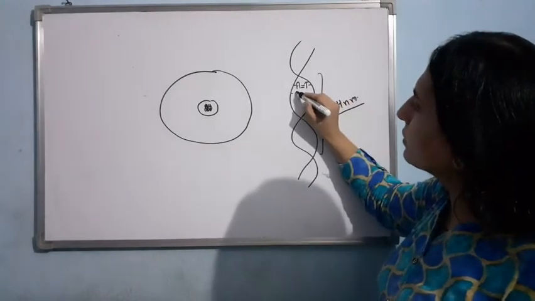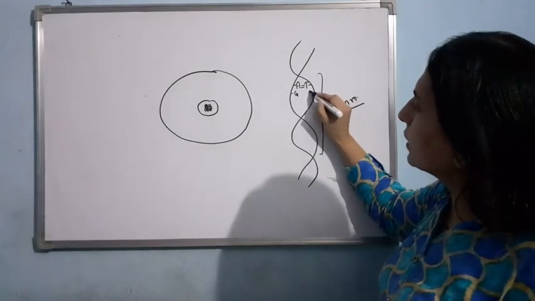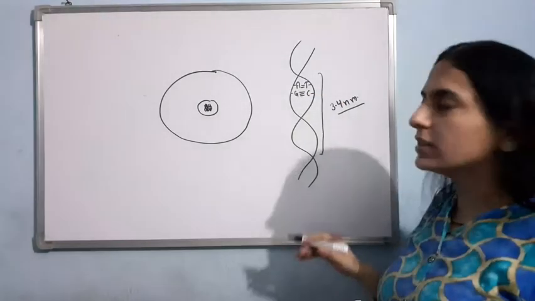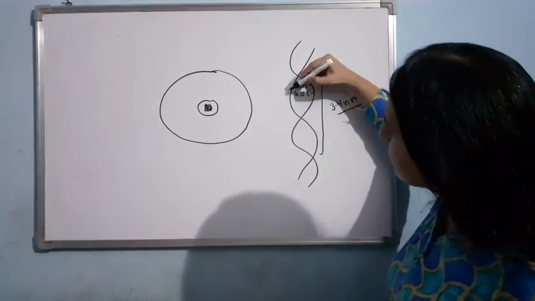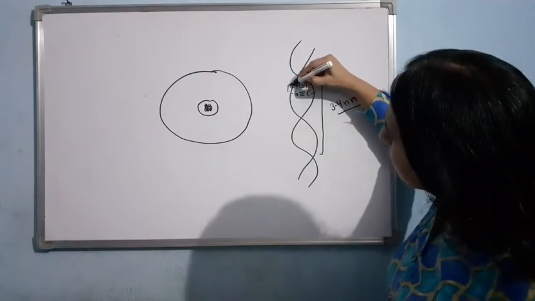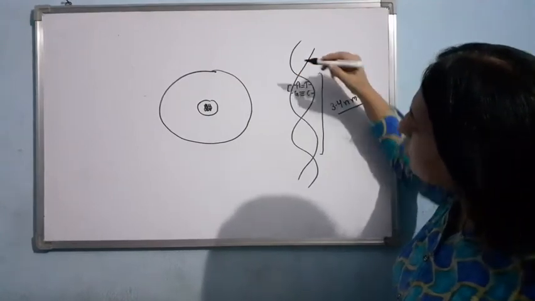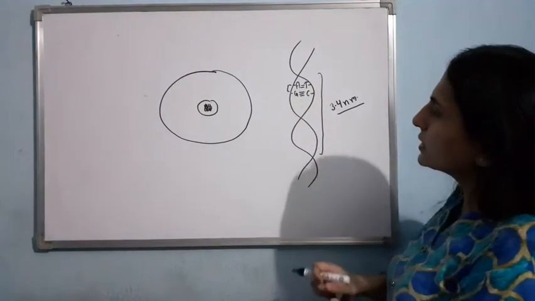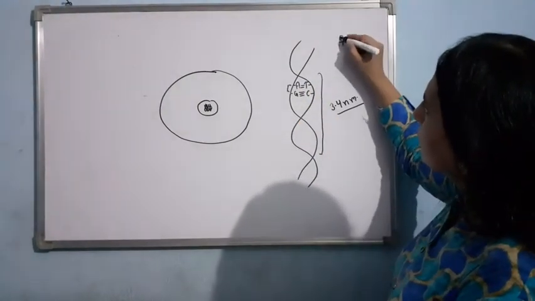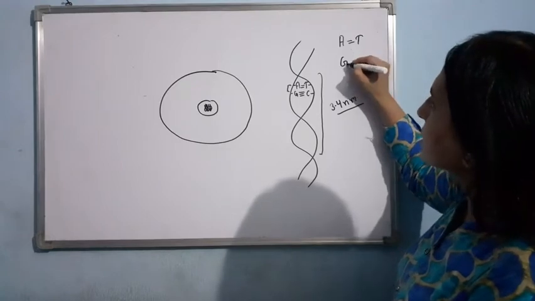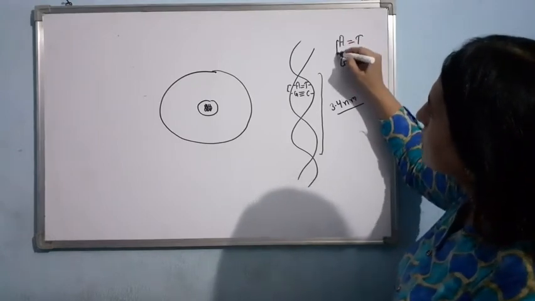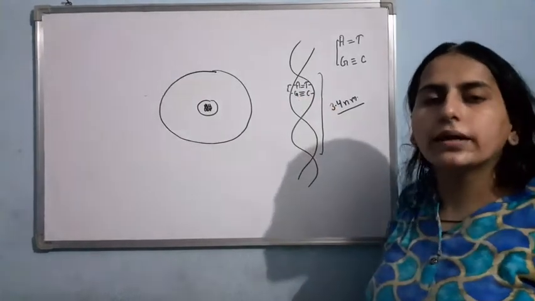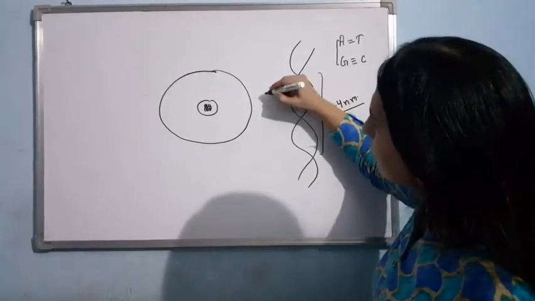Second, if I have G, then here I must have C. So we have discussed that the distance between two consecutive base pairs, where A and T is one pair and G and C is one pair, is 0.34 nanometer.